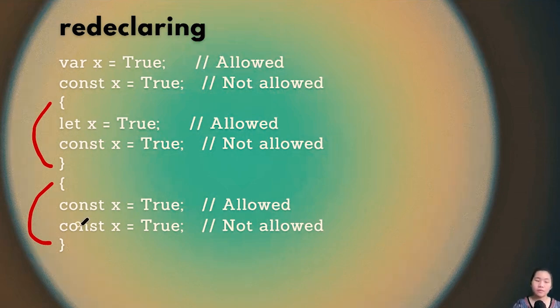Whatever happens within this block is not going to affect anything outside of it. However, if you start with const x, which cannot be redeclared, cannot be reassigned, and has block scope, that's a different story. Let x equals true, this is redeclaring, it's not allowed. Const x equals true again, no matter how many block scopes or places you put it in, it still cannot be reassigned or redeclared. In this case, it's very much like let.